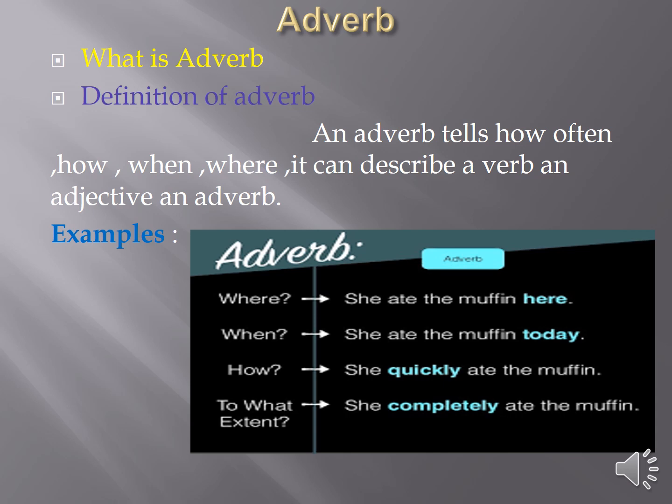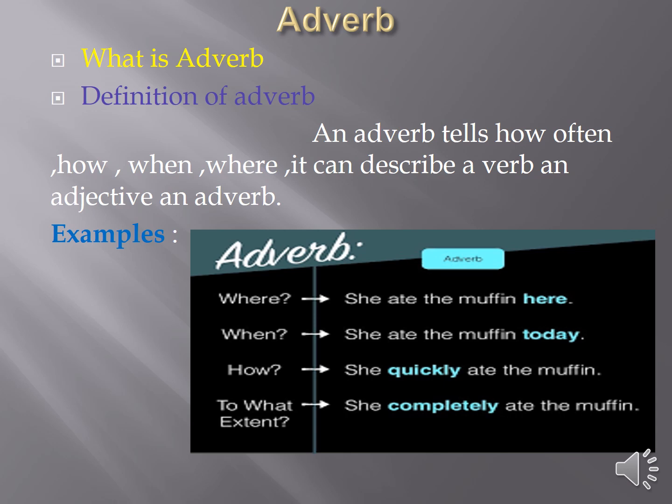Next, now what is an adverb? Now the definition of adverb is: an adverb tells how often, how, when, where. It can describe a verb, an adjective, or another adverb.